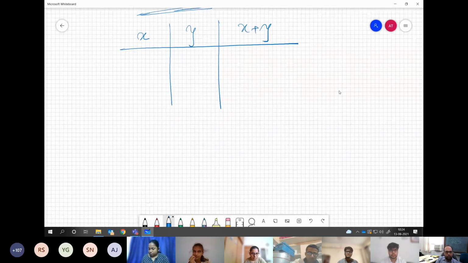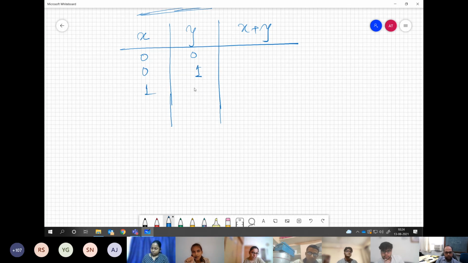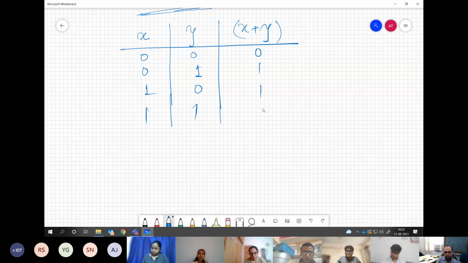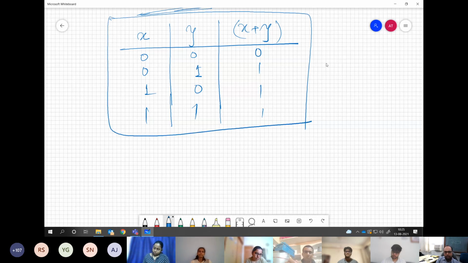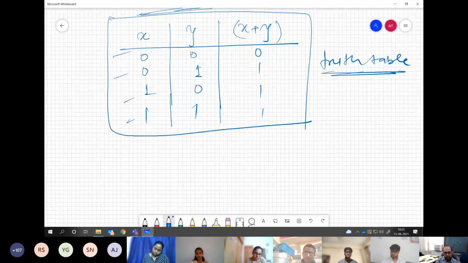Because the possibilities are limited, we can tabulate all the combinations: 0 0, 0 1, 1 0, 1 1. And if this is the function which you are getting at the output, you can simply write by following the rules. x plus y is going to be 0, 1, 1, 1. This type of combination, when we represent it in a table, is called a truth table, where we are seeing all the possibilities for all the variables, and we are seeing the output, what form or what state it is taking.